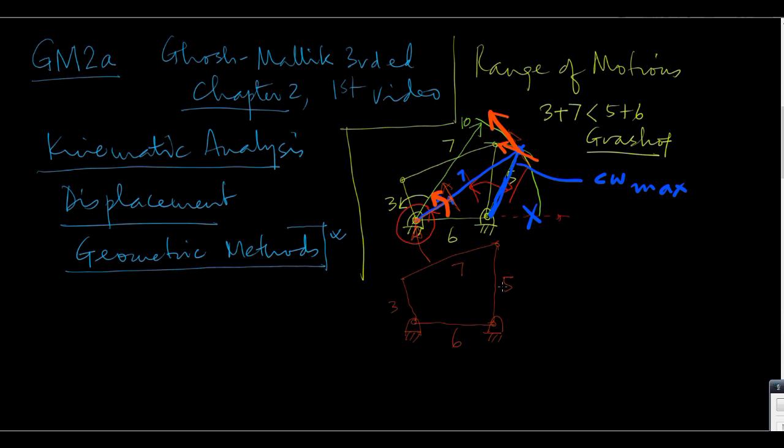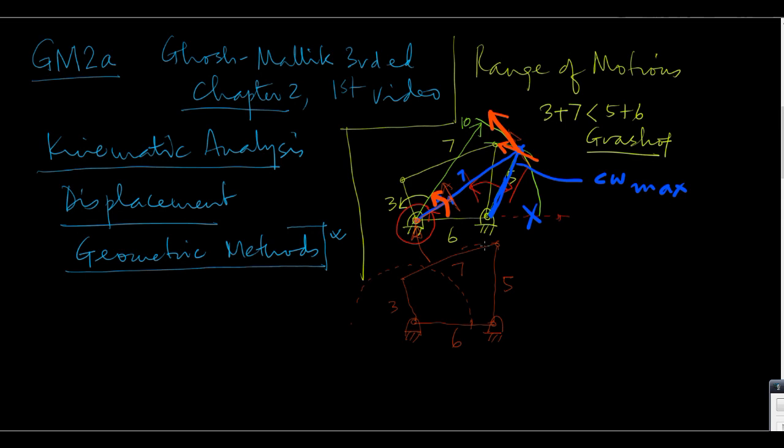Okay, for the leftmost extreme position, this length 3 and this length 7 must be collinear again, but they are collinear in the other place. By which I mean the 3 will be over here and the 7 will go back. So over here the effective length will be 4. One way to do that is to take this distance as 4 and draw a circle.